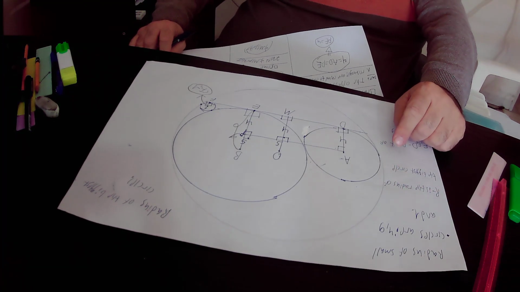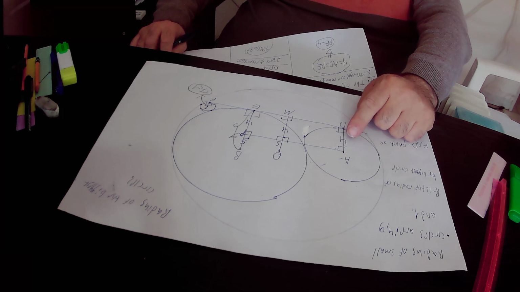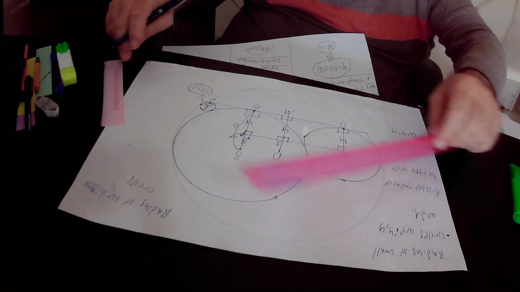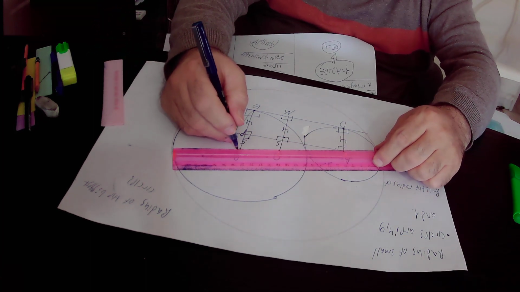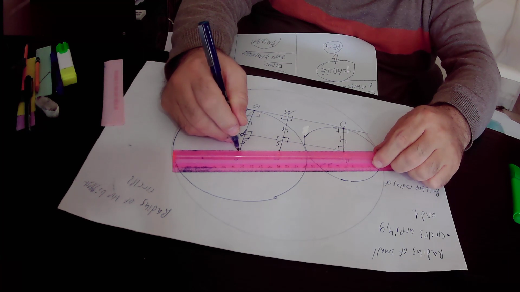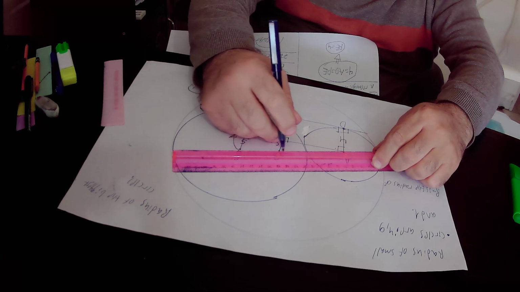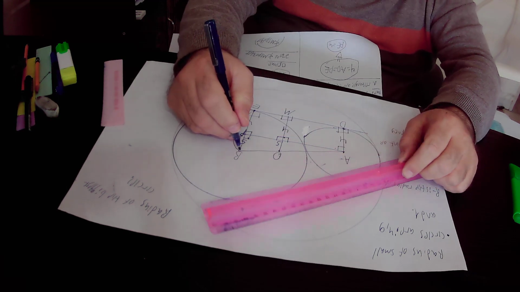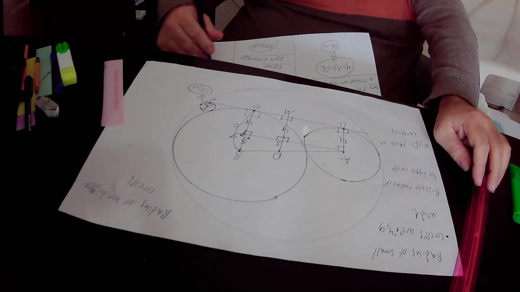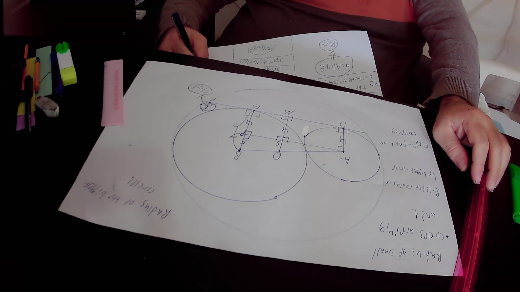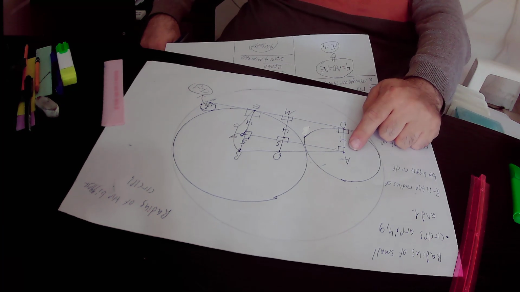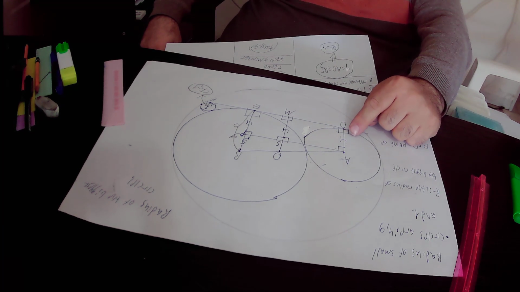In the next step, we will join points A and B together by a straight line. What is the value of line segment AB? We know that A is the center of this circle, whose radius is equal to 4 units.